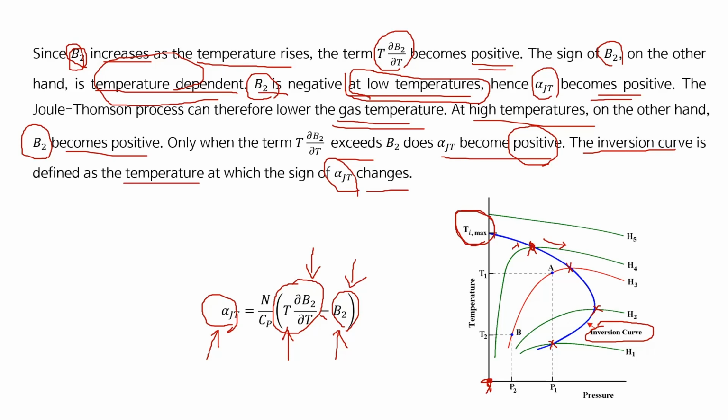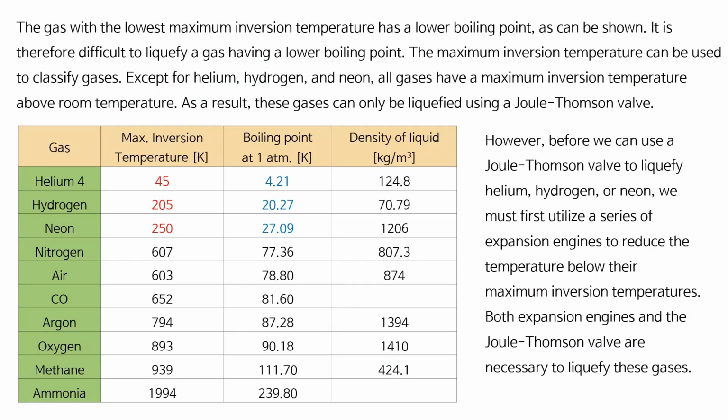So if we want to liquefy a certain gas, we have to start the Joule-Thomson process below this maximum inversion temperature. Otherwise, we cannot liquefy the gas. The gas with the lowest maximum inversion temperature has a lower boiling point, as can be seen in this table.